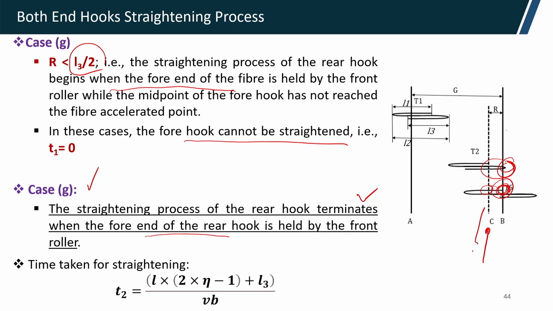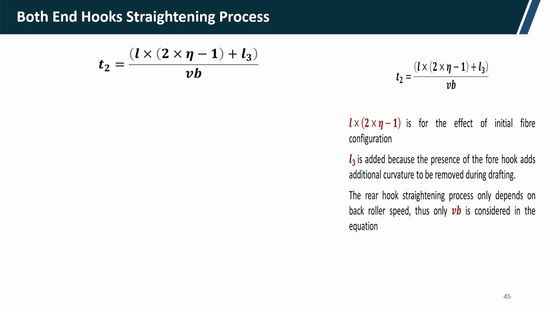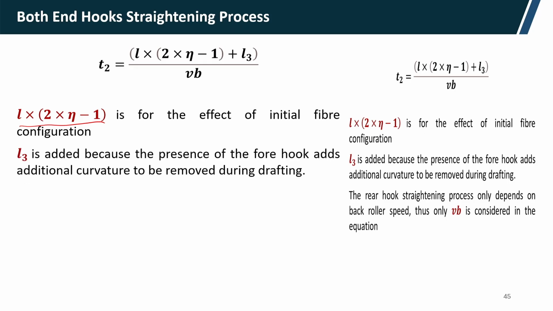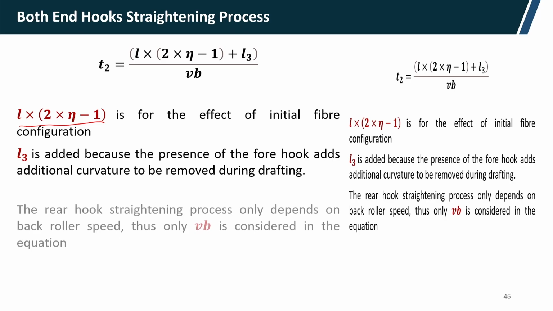Time taken for straightening is given by this relationship, which is almost 0, there is no straightening. So, this is the time taken. L2 eta minus 1 is for the effect of initial fiber configuration. L3 is added because the presence of the fore hook adds additional curvature to be removed during drafting.